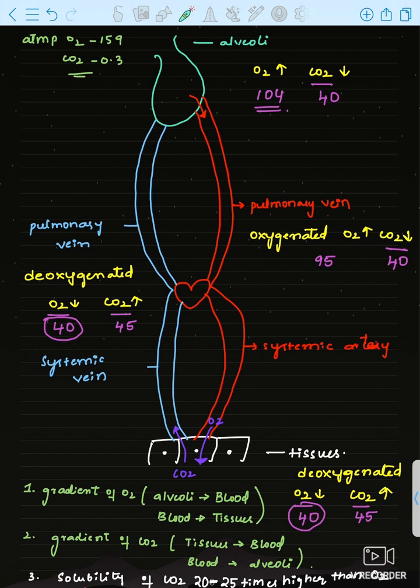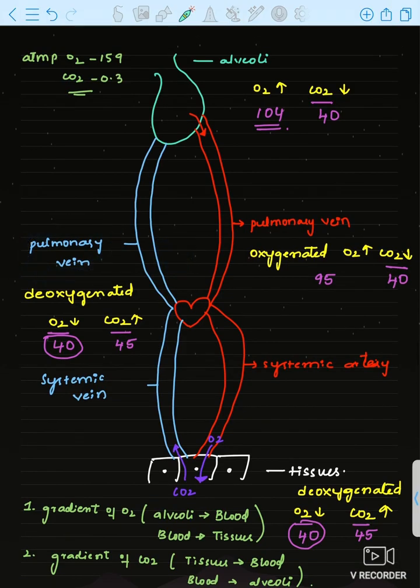See students, I told you here deoxygenated blood in the pulmonary vein. Actually it is the pulmonary artery, sorry.